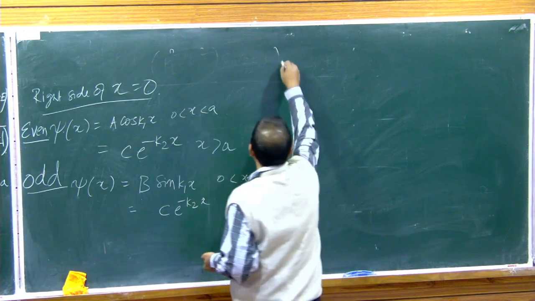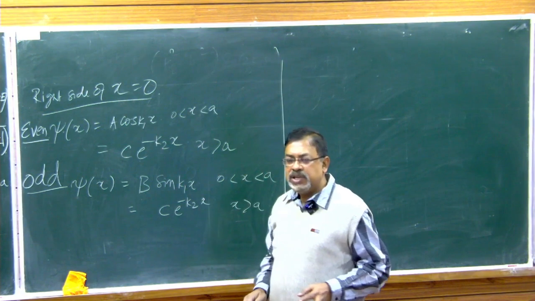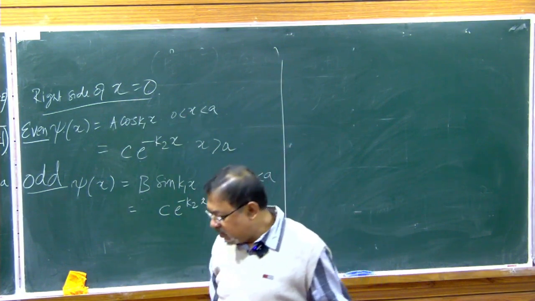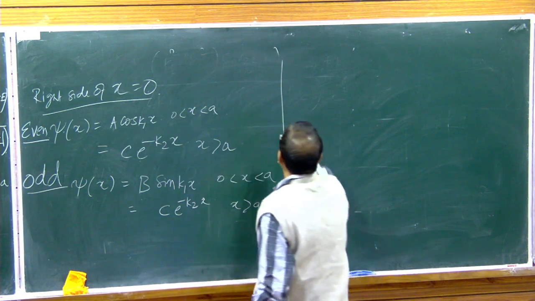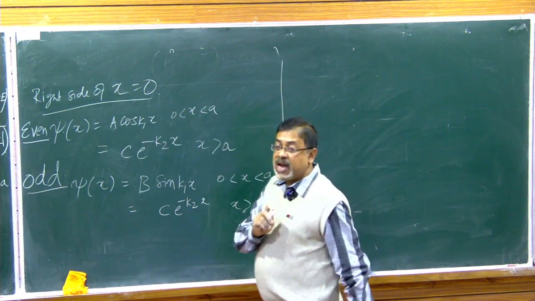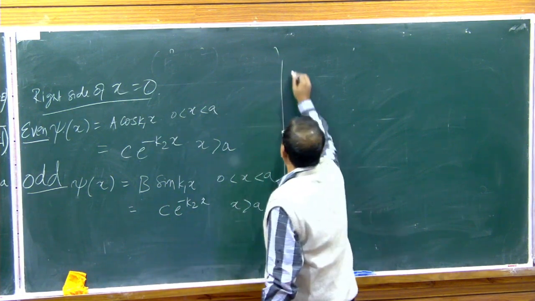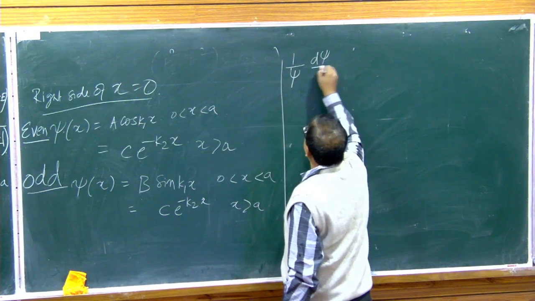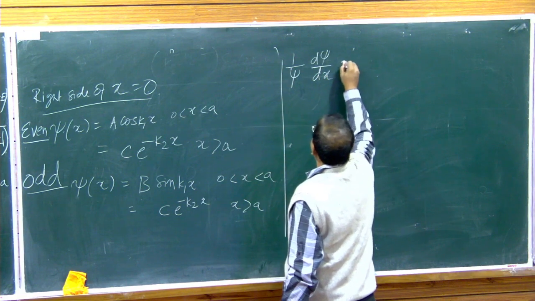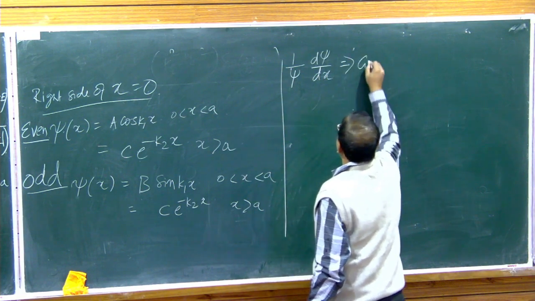But there is a smarter way of doing it which reduces some of your calculations: instead of both psi and d psi dx being continuous, you can say that 1 by psi d psi dx is continuous at x equal to a.